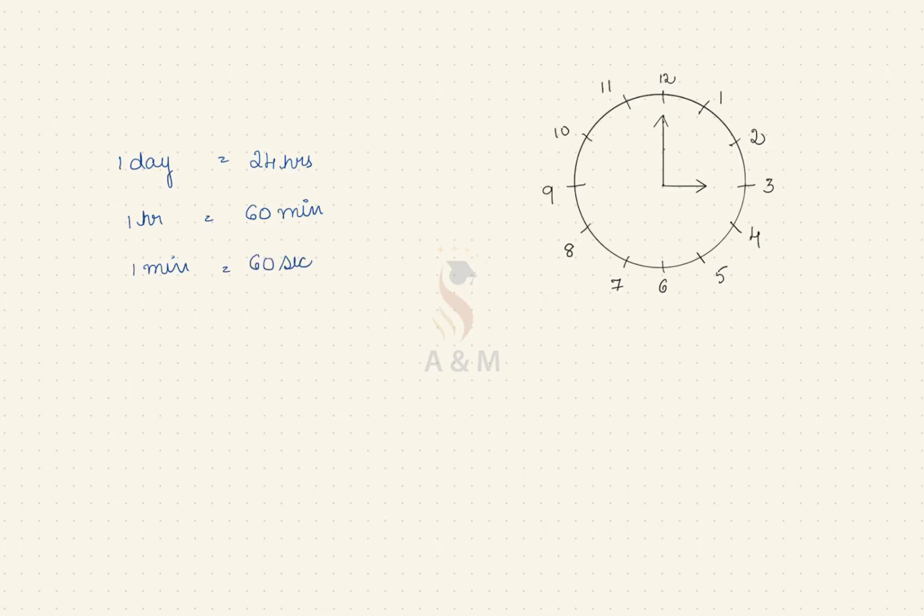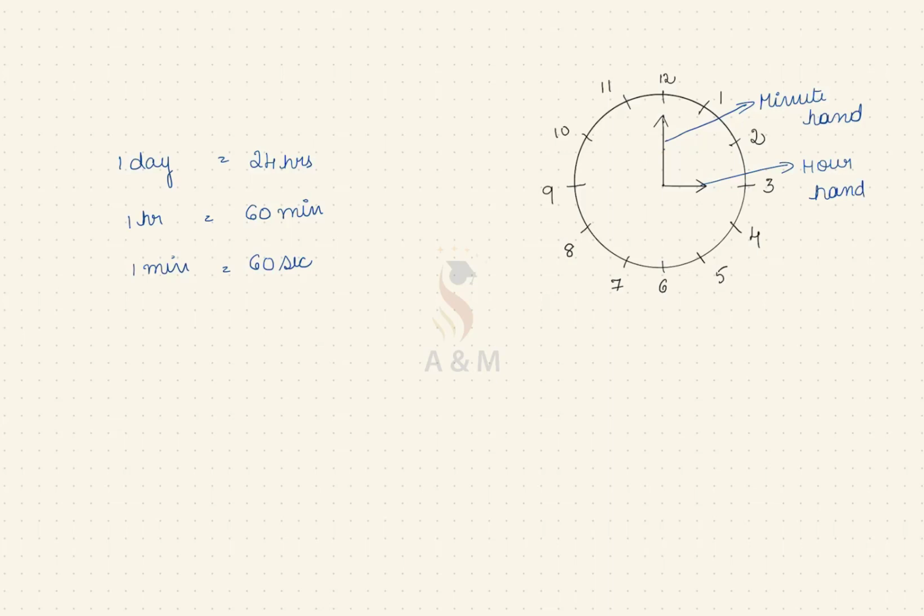Now you have two hands in the clock. Okay. A long hand and a shorter hand. The longer hand of a clock is the minute hand and the shorter hand of a clock is the hour hand.